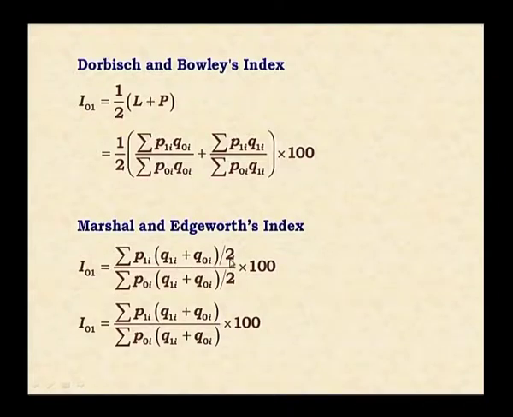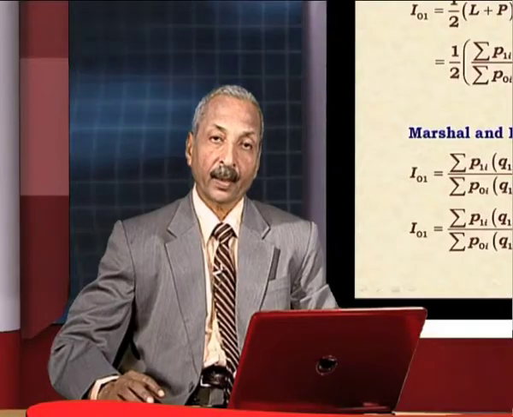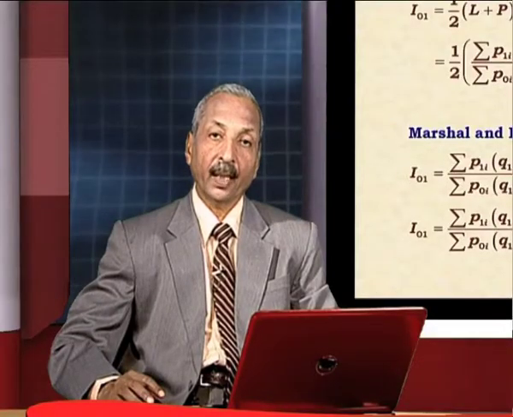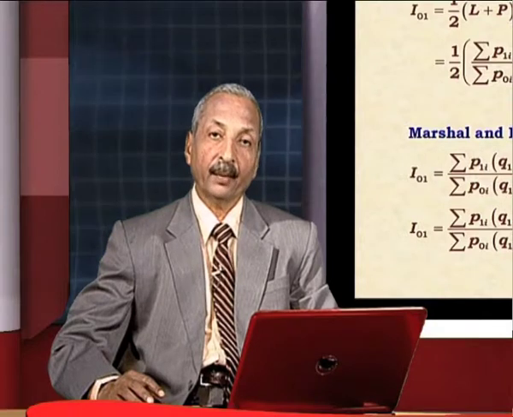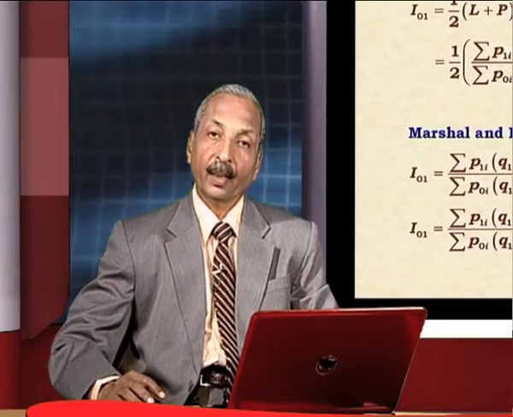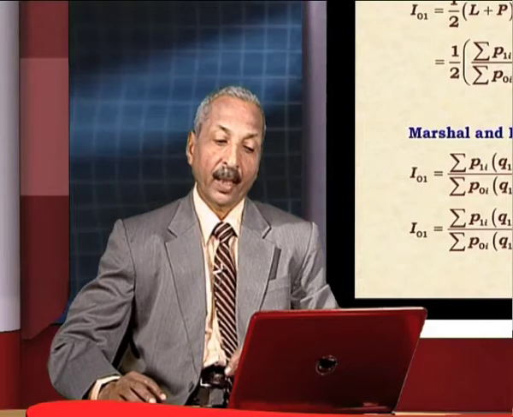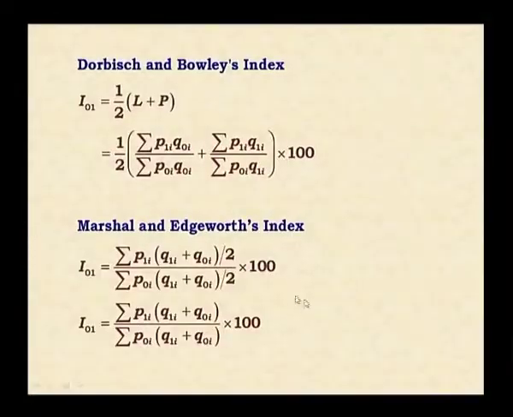That is, if I consider the weighted aggregative index number, that is summation P1i times Wi divided by summation P0i times Wi, the value of Wi is Q1i plus Q0i divided by 2, and this formula on simplification gives me I01 is equal to sigma P1i times (Q1i plus Q0i) divided by sigma P0i times (Q1i plus Q0i).